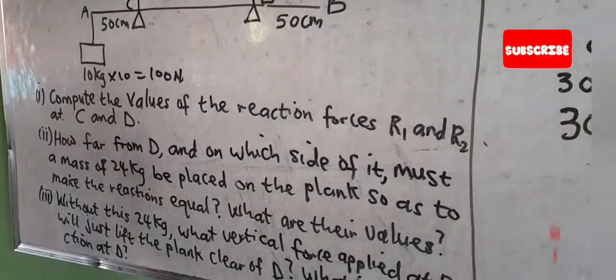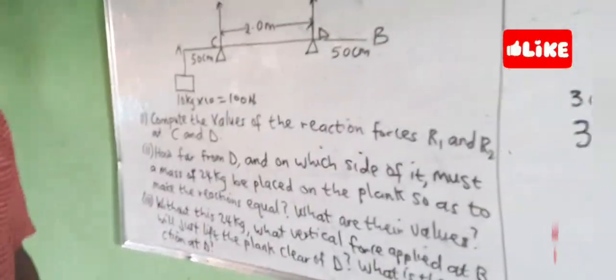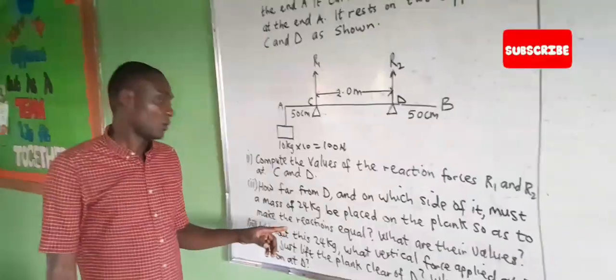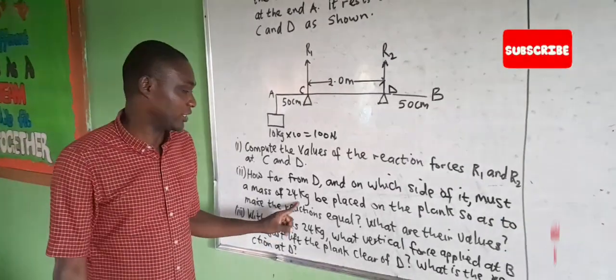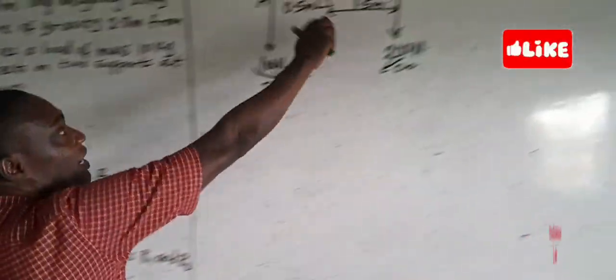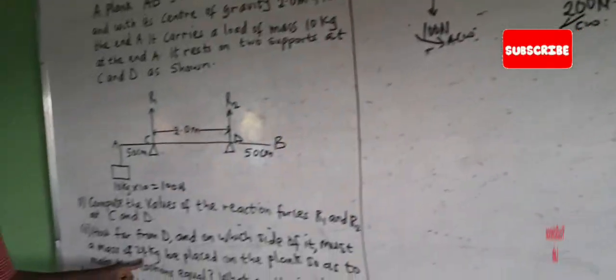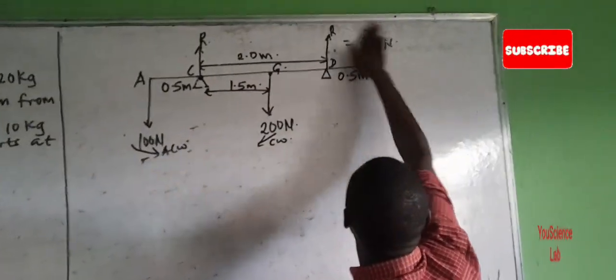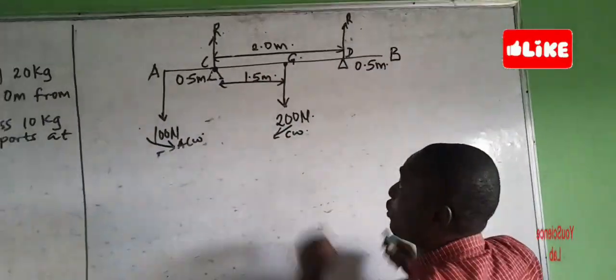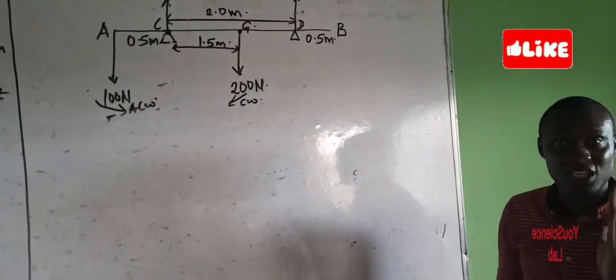Now, what we need to do is this. We are going to make use of this diagram and include the 24 kilogram. But this time around, the reactions are set to be equal. So since the reactions are equal, the reactions are just going to be R and R, because they are equal to each other.